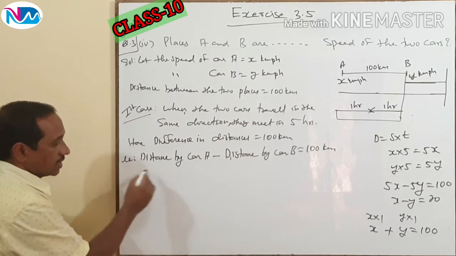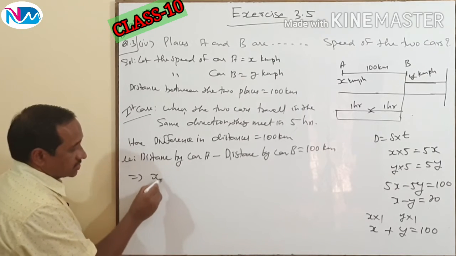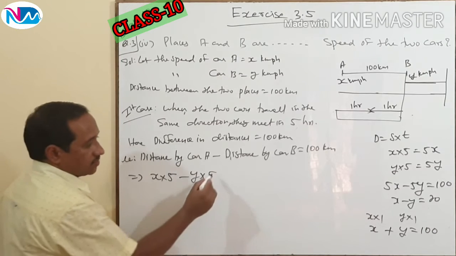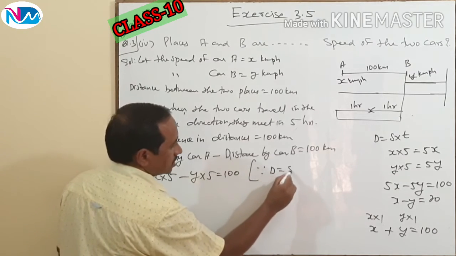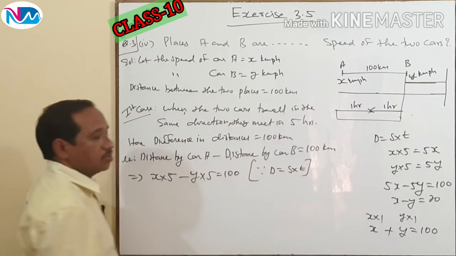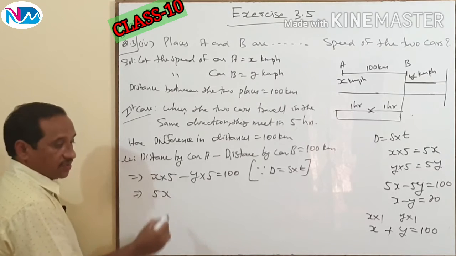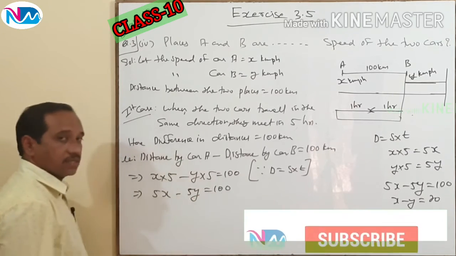Now what is the distance by car A? Distance is given by speed into time, that is x into 5 minus y into 5 is equal to 100, since distance is equal to speed into time. Here x into 5, 5x minus y into 5, 5y is equal to 100.